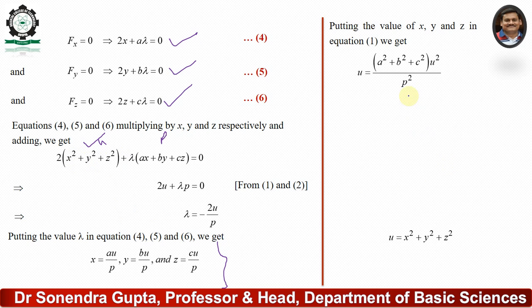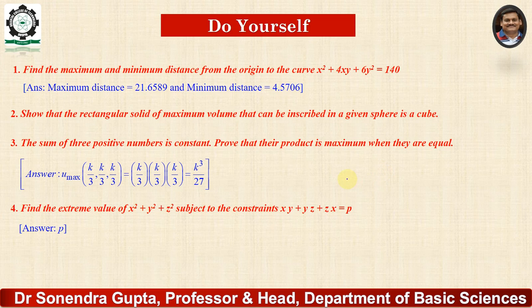Now the value of u is p square upon a square plus b square plus c square, because u is cancelled on both sides. Now this is the minimum value of your function. Okay, now you can solve this question for your practice. Thank you so much.